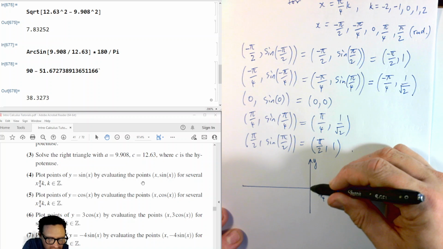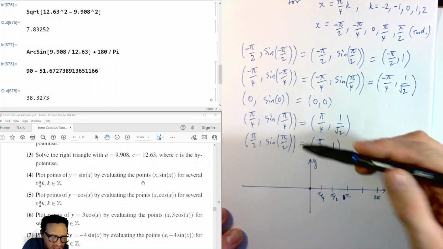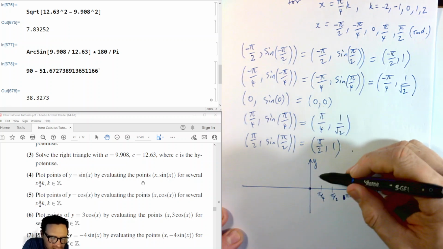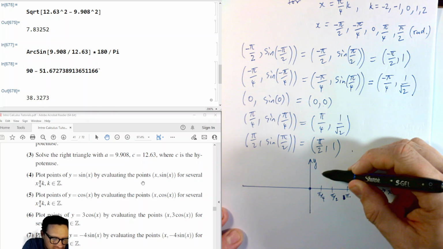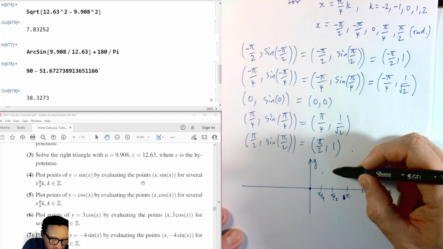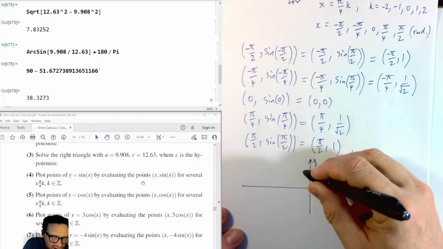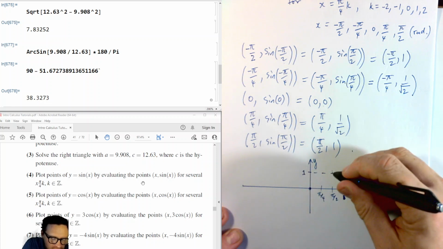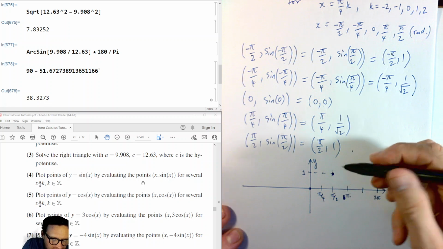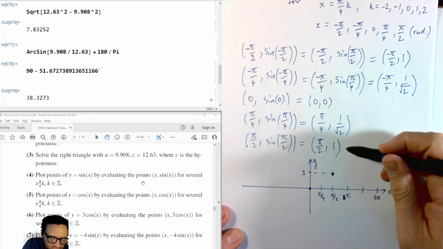Now we know sine starts here at this point 0, 0, and it comes up and it meets 1 at pi on 2, right? So we need a 1 on our y-axis, and let's put our point here, and I'm talking about this point.